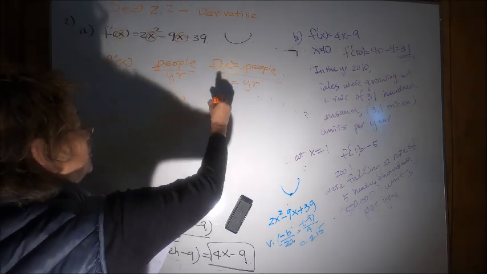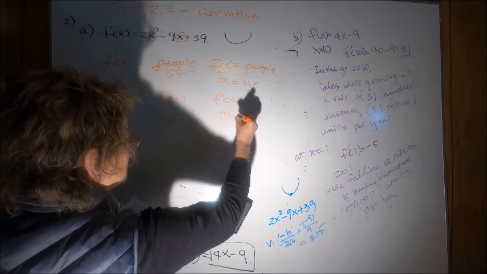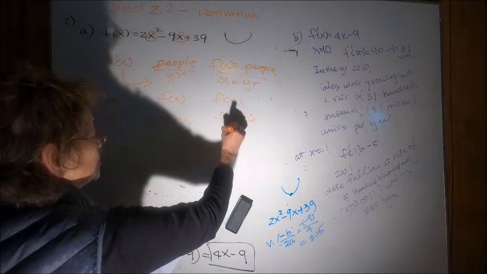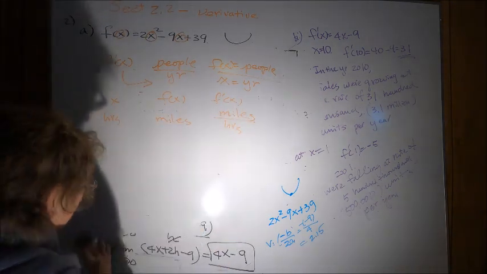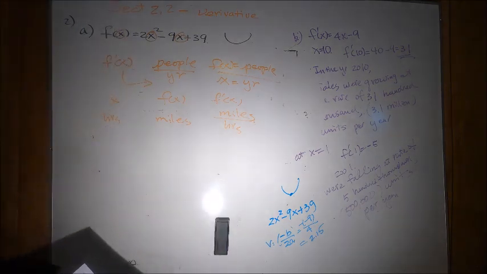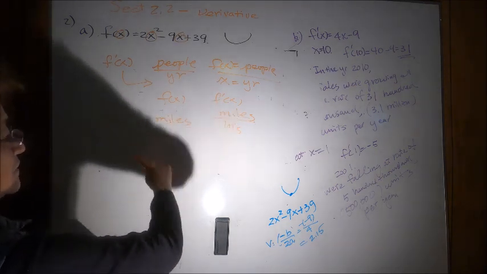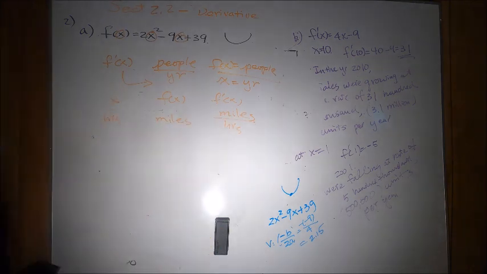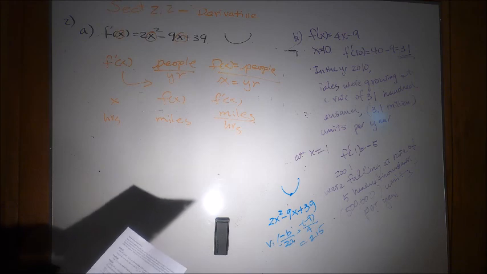So your f prime is what? Your miles, difference between y's over x, difference between hours. So the derivative is what? Miles per hour. So for the miles, then derivative, the rate of change is what? Miles per hour. That would be your speed, right?